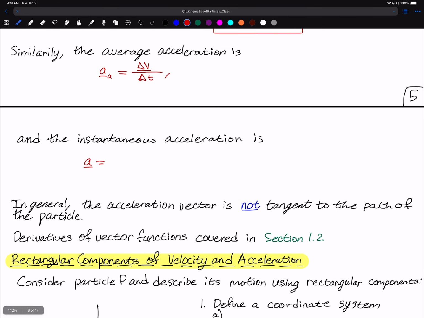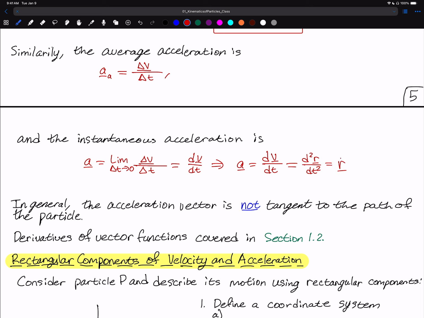So we'll write a is equal to the limit as delta t goes to 0 of delta v divided by delta t, and this will be equal to the derivative dv/dt, such that the acceleration vector is the derivative of the velocity with respect to time, or equal to the second derivative of the position vector, d squared r over dt squared, or we can write this as r double dot. All of those are true.